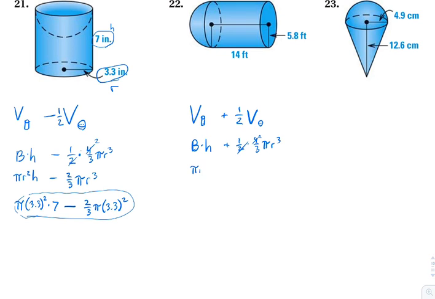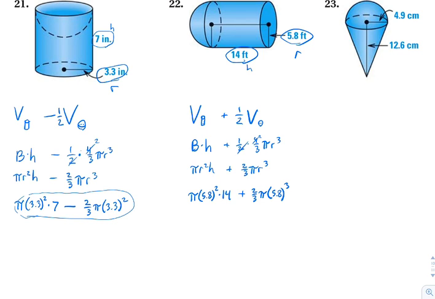So we get pi r squared h plus 2/3 pi r to the third. Now the only difference here other than that plus sign is we have a new radius and a new height, or distance between our bases. So this is pi 5.8 squared times 14 plus 2/3 pi 5.8 to the third.